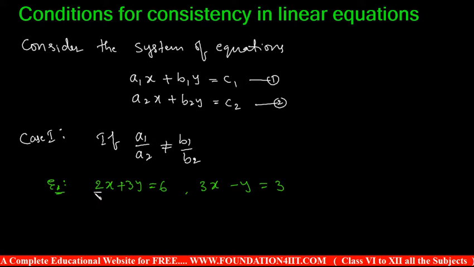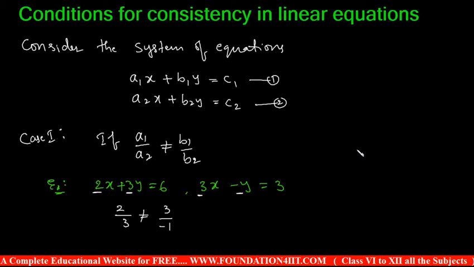The x coefficient is a1, this is b1, and this a2 and b2 is minus 1. In the first equation the x coefficient is 2, and in the second equation the x coefficient is 3, so 2 by 3, and here 3 by minus 1. So 2 by 3 is not equal to 3 by minus 1. They both are not equal. So surely you will get only a unique solution.